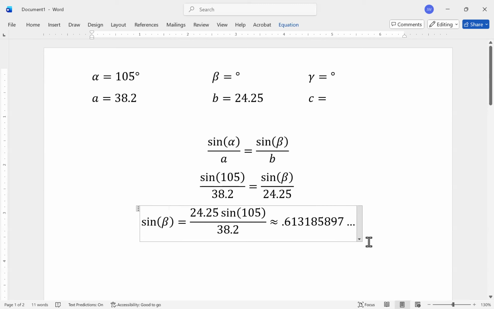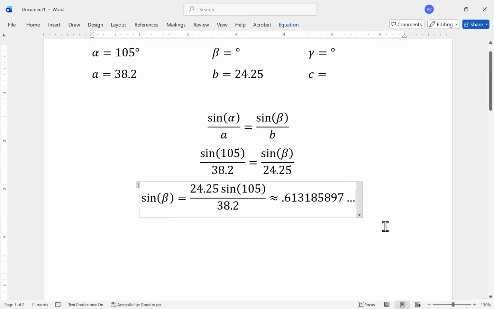Now, what we're going to do is we're going to find beta using this equation and the sine inverse function. There is one little catch though. There's actually two values of beta between 0 and 180 degrees that have this output of sine.